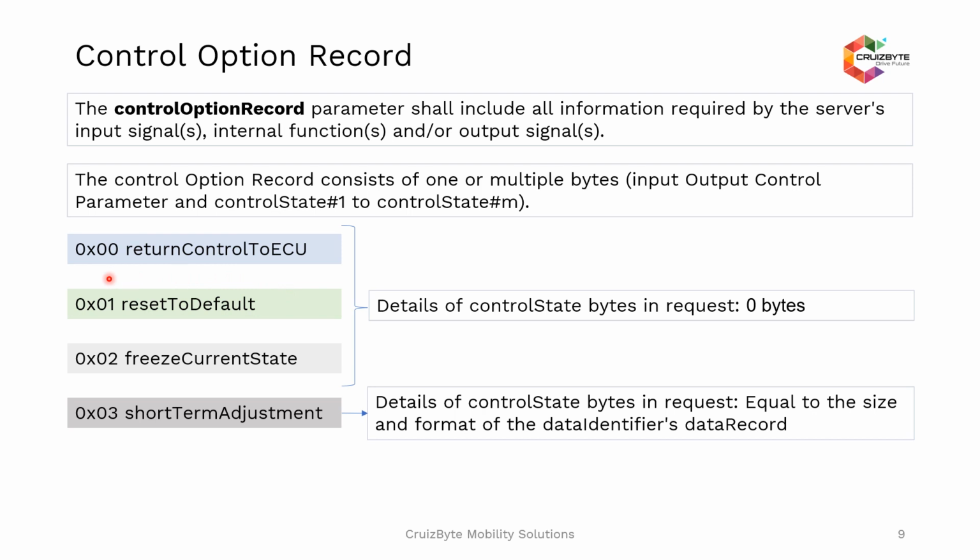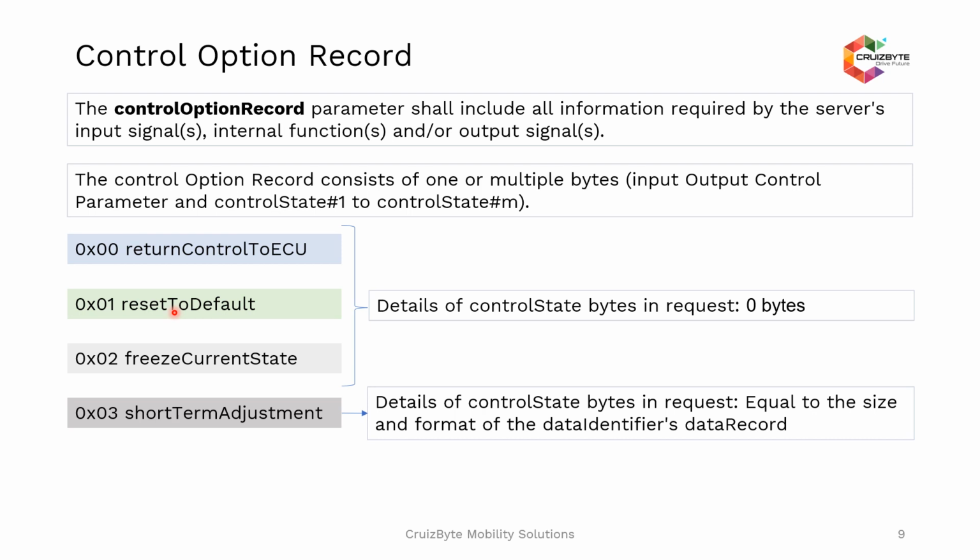And the next one is reset to default. This is also similar to return control to ECU, in that it requests to reset the input signal parameters referenced by the data identifier to the default value.